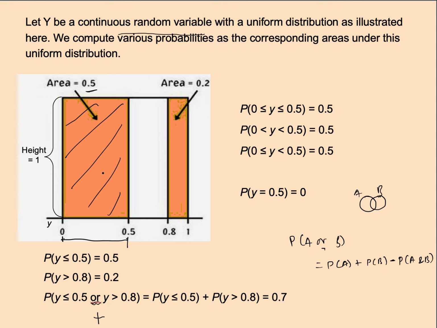But if this is our A event and this is our B event, there is simply no overlap between these two events, right? That's why we can say these are disjoint events, so you're going to just simply add this probability.